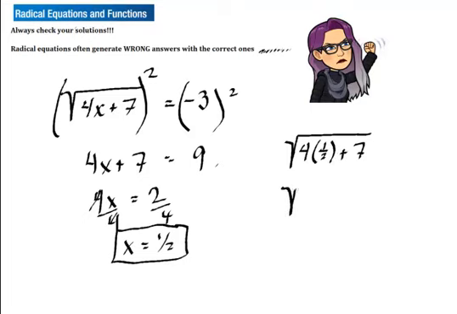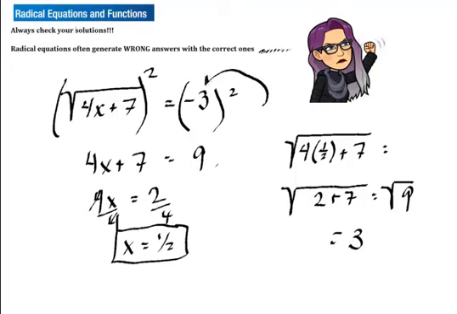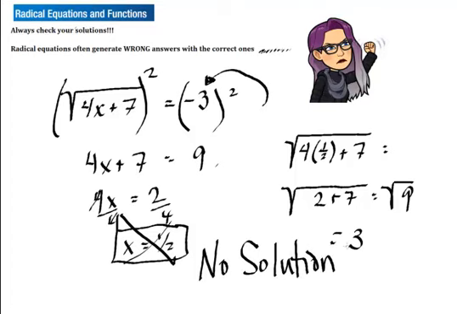Well, this would be 4 times 1/2. That's 2 plus 7. And then this equals the square root of 9, which is 3. Oh, this is 3, but it's not negative 3, is it? Because this thing is supposed to equal negative 3, but it doesn't. No solution for this bad boy, but we already knew that.